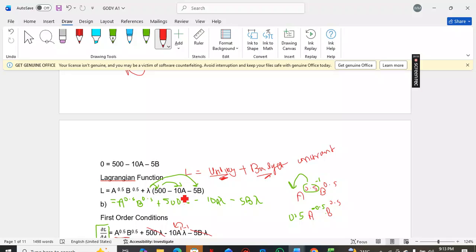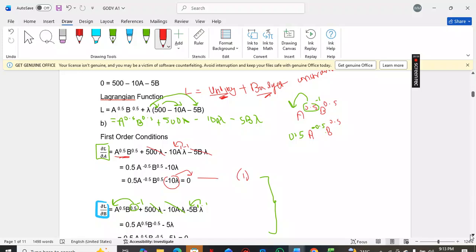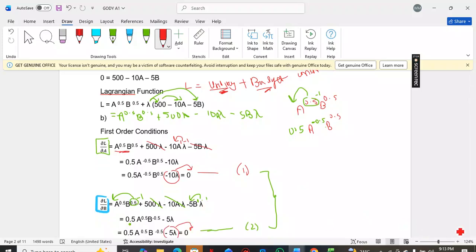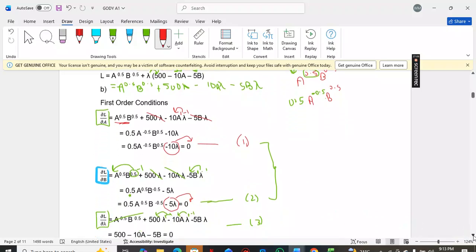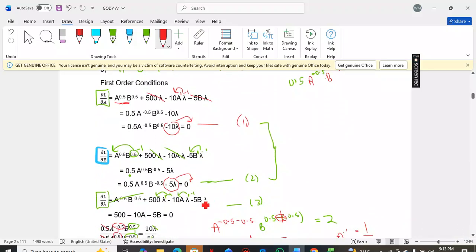Step 3, derive. Do the partial differentiations with respect to, in this case, A and B. Lambda is really optional because in the question they don't ask for lambda, so it's best to just do A and B. You derive and you get your expressions.